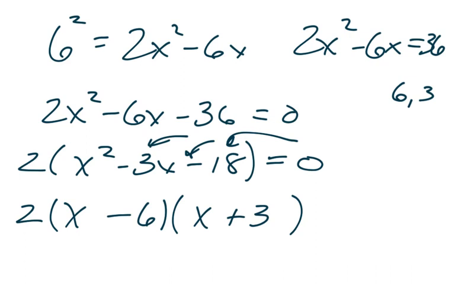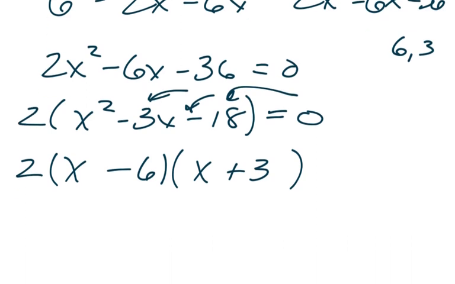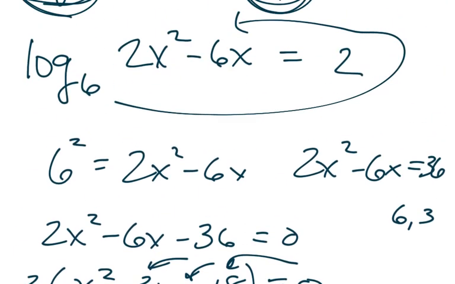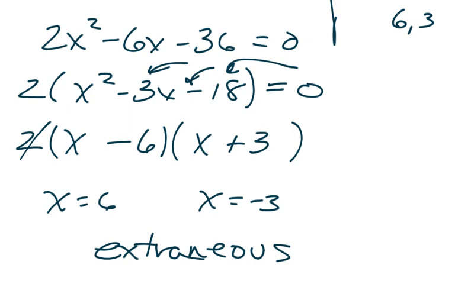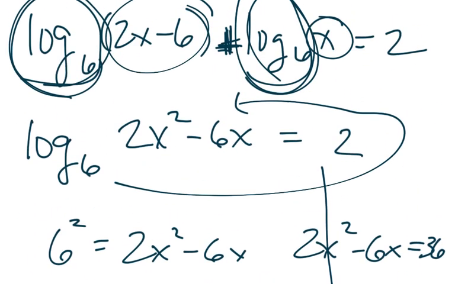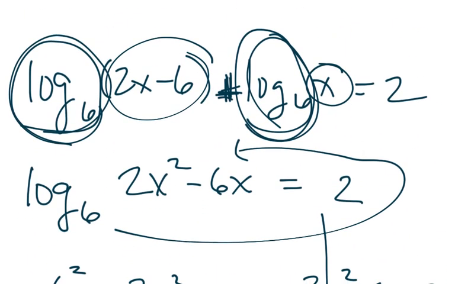This has got to be a minus, and that's got to be a plus. So we've got possible answers of x equals 6 or x equals -3. We probably should check them because it's possible one of them could be extra, or what we call extraneous, right? One of them might be a faulty answer, and so you go back and you check it out.